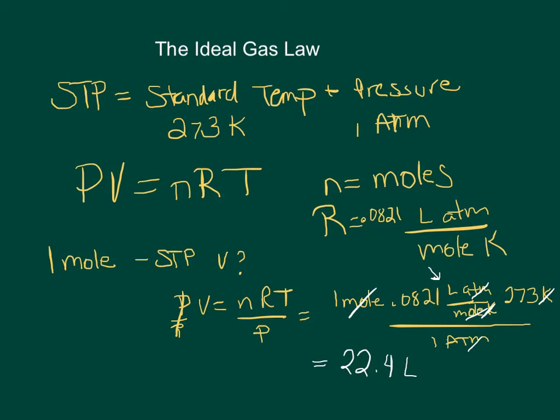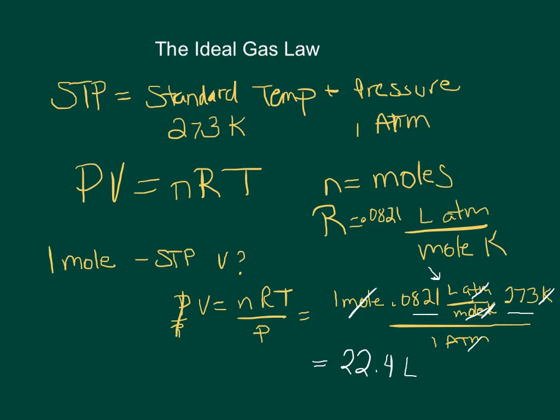It's because I had 3 numbers in my Kelvin. And then I also have 3 significant digits in my R. This 1 atmosphere, I assume that it's 1.000, as many as I need to. In my 1 mole, I'll assume it's 1.00. So I'm going to pick up my significant figures from my temperature.